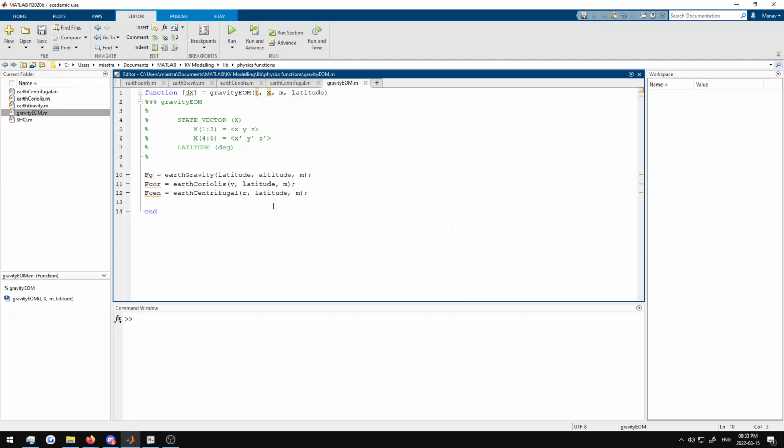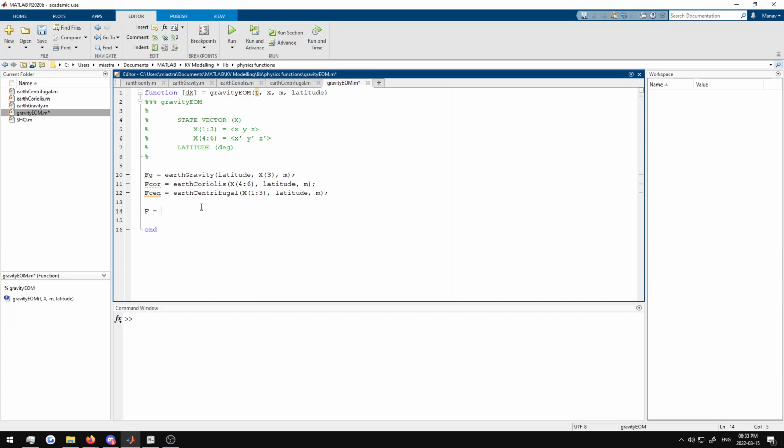Okay. Now we just need to make a bit of substitution. So altitude is how high above the ground we are. We've defined that to be our z coordinate. Z is the third variable in our state vector. We also have to input the velocity, which is the last three components, so 4 through 6. And then finally we have to put in a position vector here, which is just going to be 1 to 3. And as you can see, it all works out quite nicely.